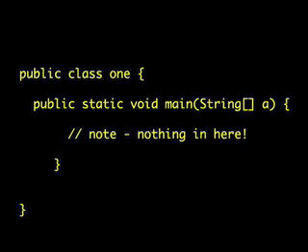Inside of that, usually you have a main method called public static void main, and then parentheses with a string array argument. You put capital S String, square brackets, and then a variable name such as A or S or whatever you want to use that's legal.